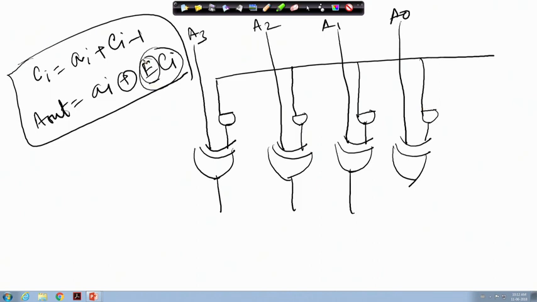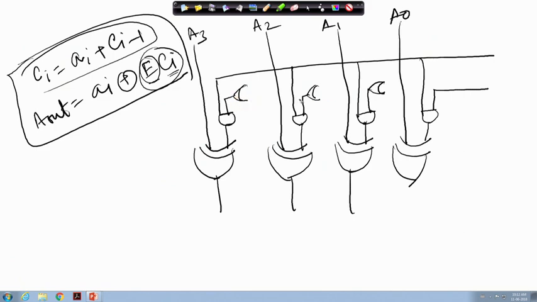Where do I get this Ci from? Ci is generated from this particular equation. For this first bit, Ai is not there beforehand, so it comes directly. From here I need the OR gate, and each of these is connected to this OR gate.